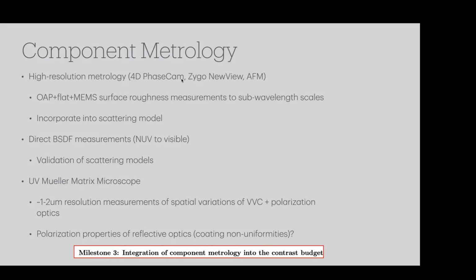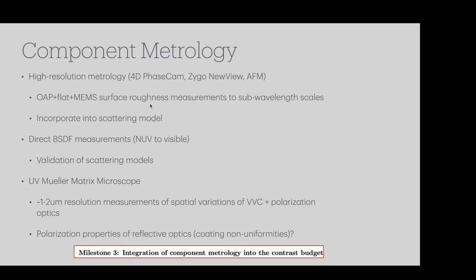Starting with the 4D interferometer to get low order terms. The Zygo NewView over at OpSci, which I believe gets us down to about 200 nanometer lateral resolution. And finally, we proposed to use an atomic force microscope, which we do have available to us on campus, to get down to the single nanometer lateral resolution scale. Primarily, this is to understand our surface roughness.